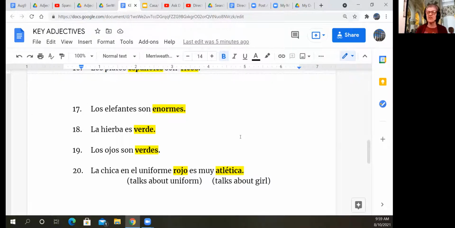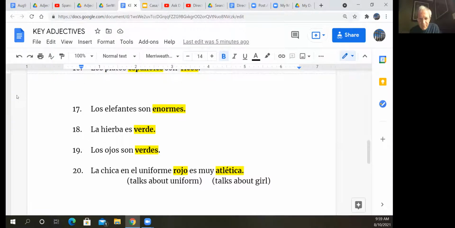So the exception to that is that nationality thing. But if we're talking about things, that's not the most common kind of adjective. So yeah, make sense? Yes, if it ends in O, then it has a feminine form. If it ends in O, sí, exacto.